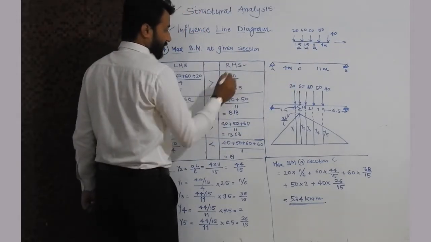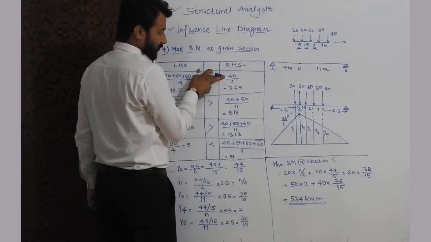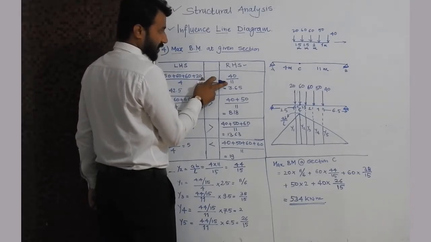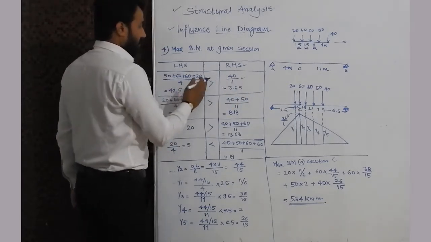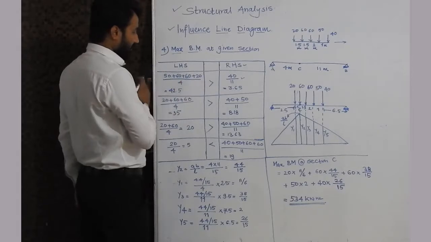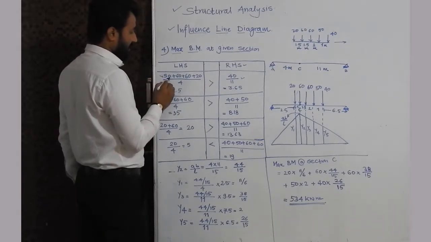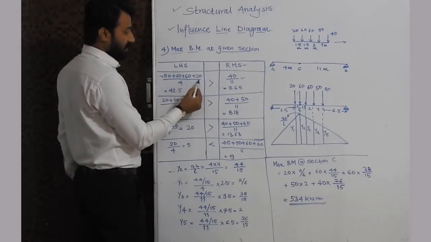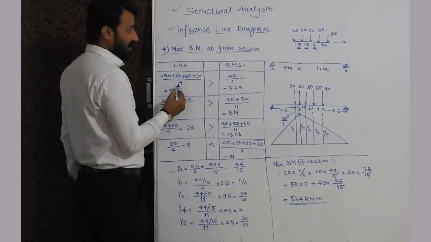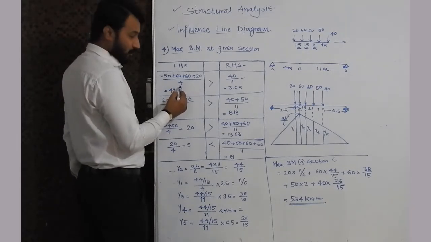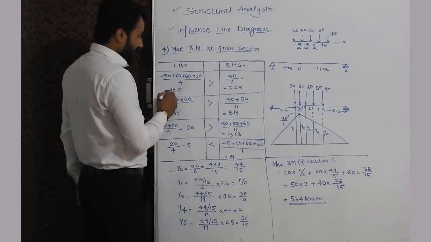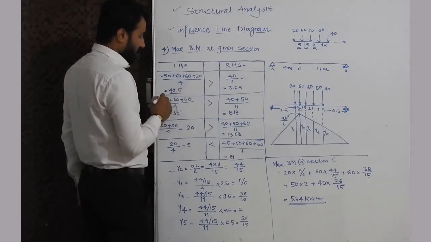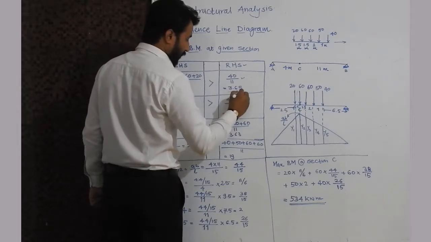So on the RHS side the 40 kN load has moved, and the CB span has 11 meter length, so we do 40 divided by 11. On the left side, the remaining loads are 50 kN, 60 kN, 60 kN and 20 kN divided by the length of the AC span, that is 4 meter. After calculation we get the values 42.5 and 3.65.